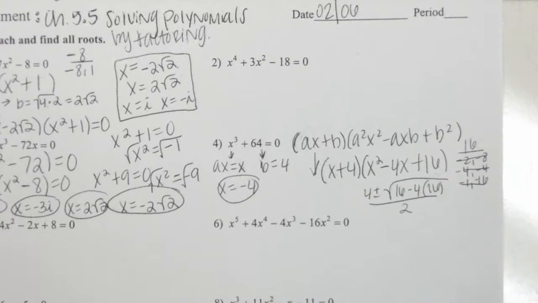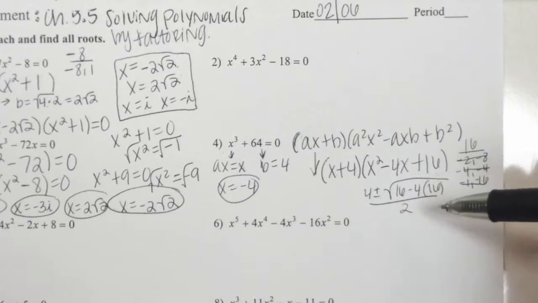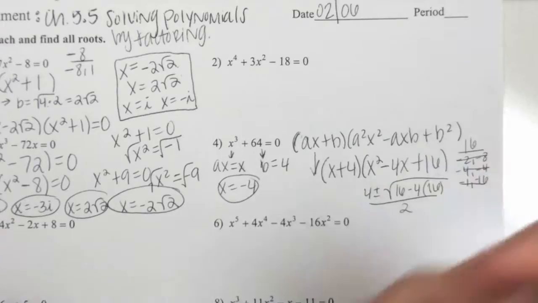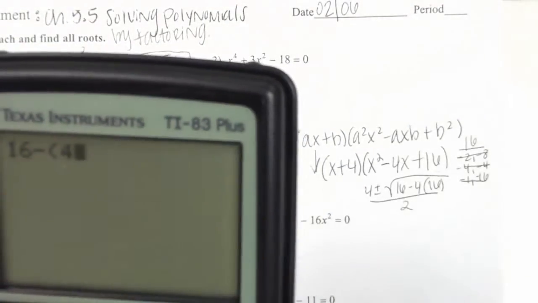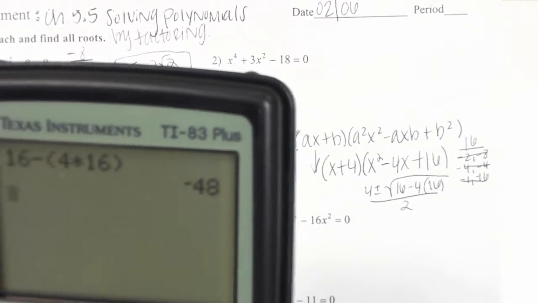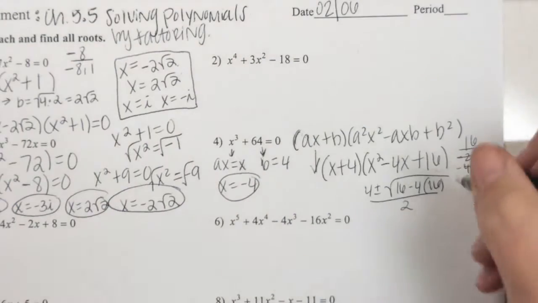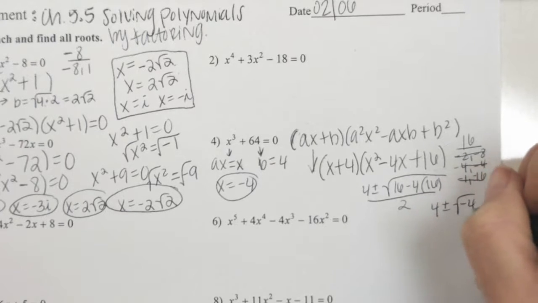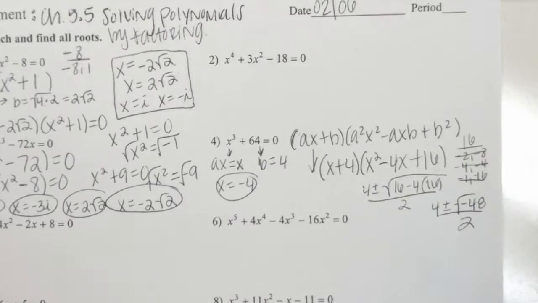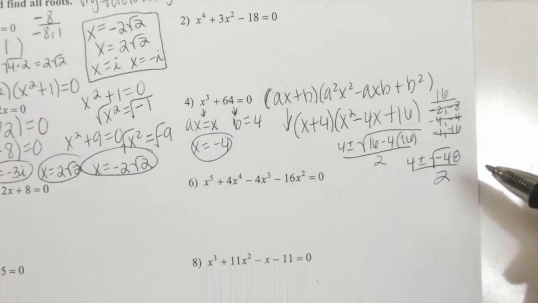Alright, I'm going to do what's underneath the radical. That's called the discriminant. So 16 minus 4 times 16, that's going to give me a negative 48 underneath the radical. So 4 plus or minus square root of negative 48 over 2. Well, is 48 a perfect square?